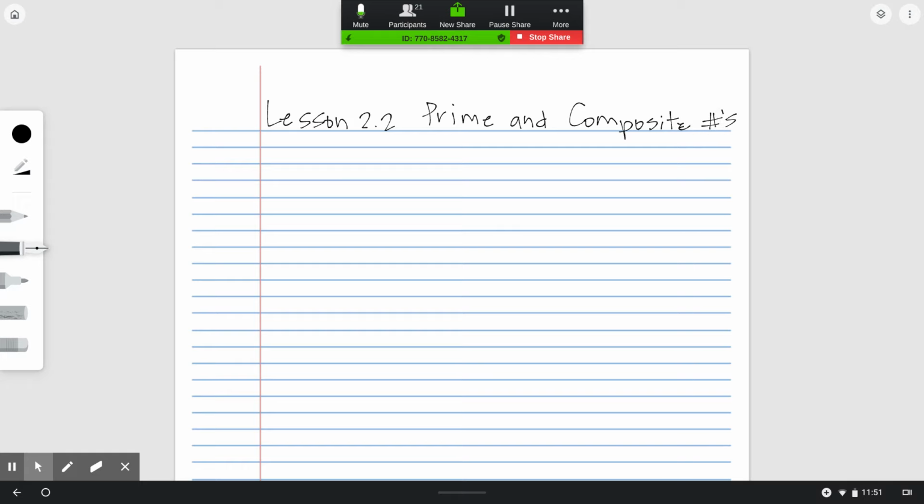Okay, prime and composite numbers. Prime and composite numbers.